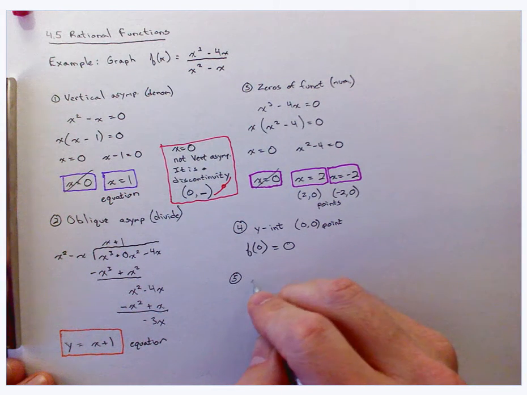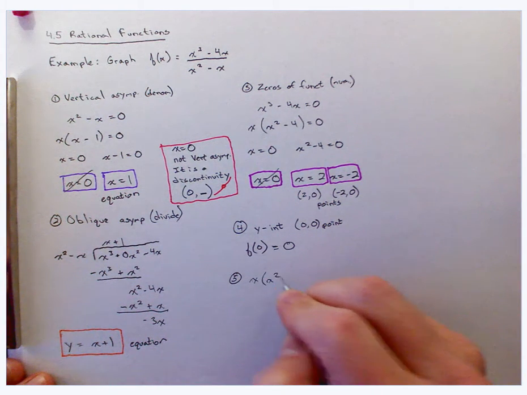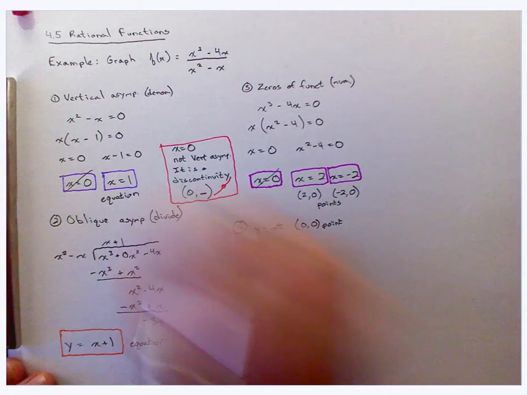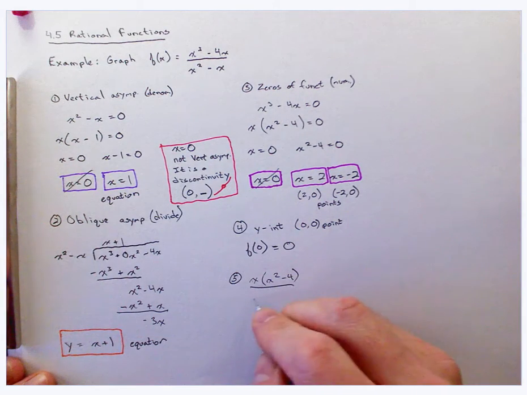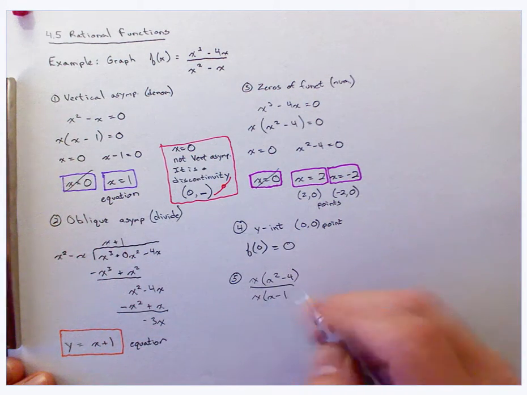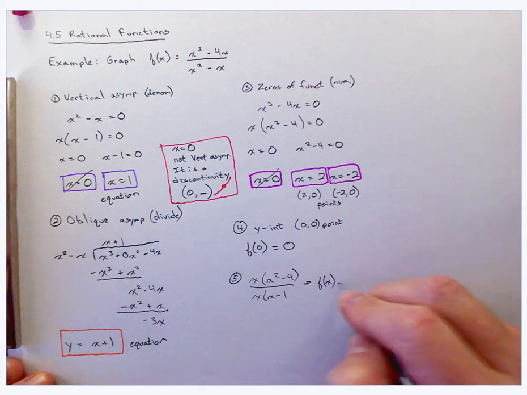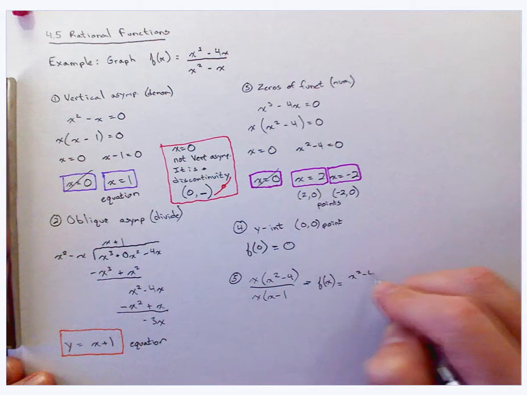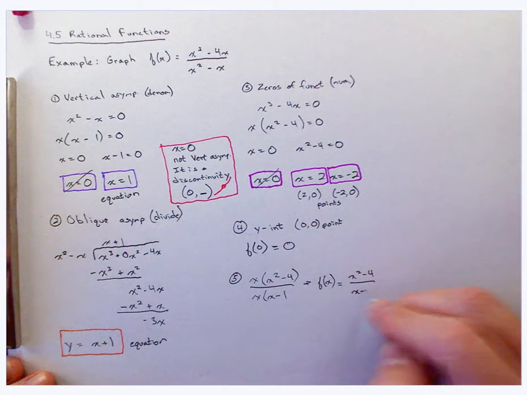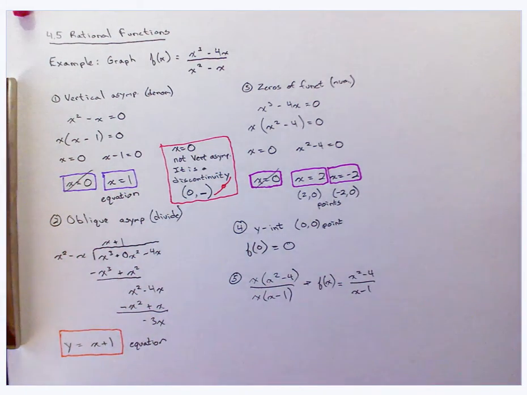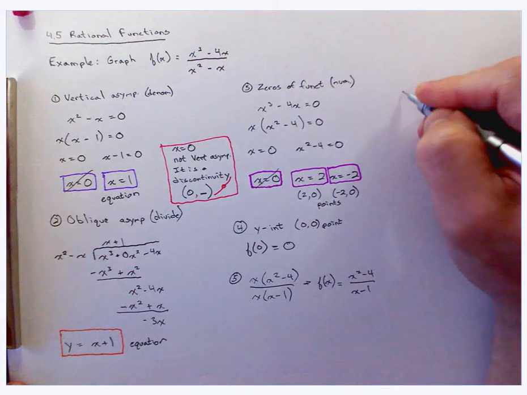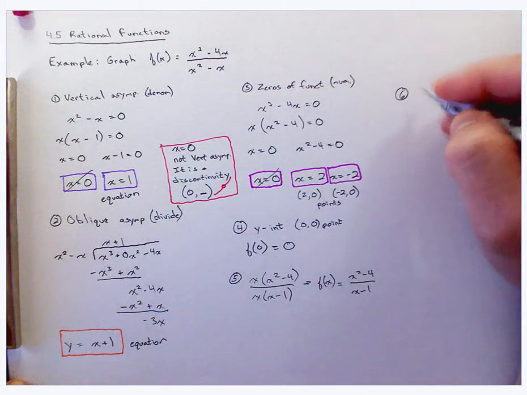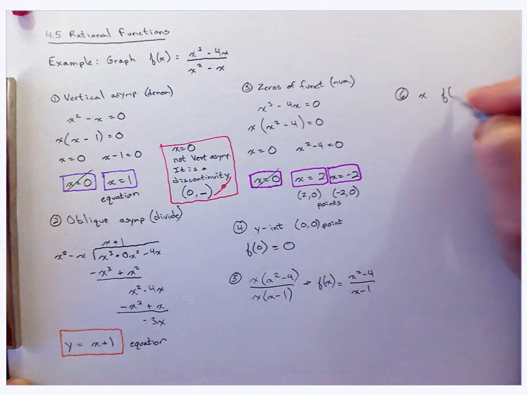So for my zeros, that is x squared minus 4, and then for my vertical asymptote, that's x and x minus 1. So what I'm looking at is f of x. And then I need to look at some points.